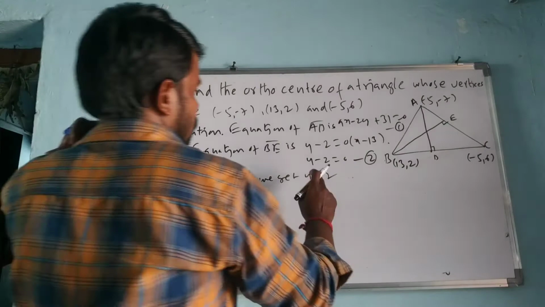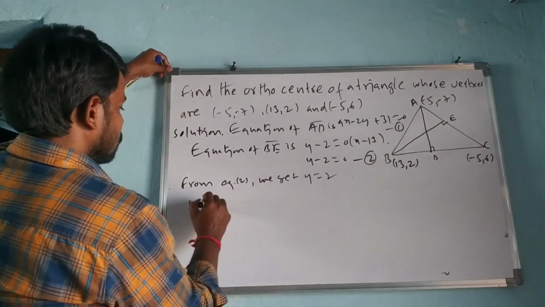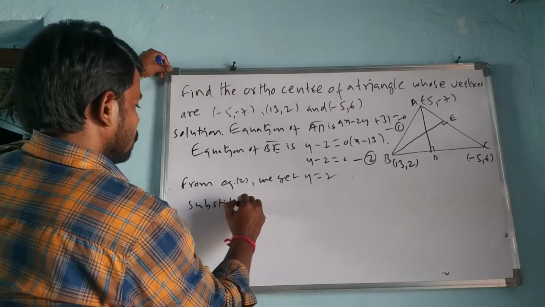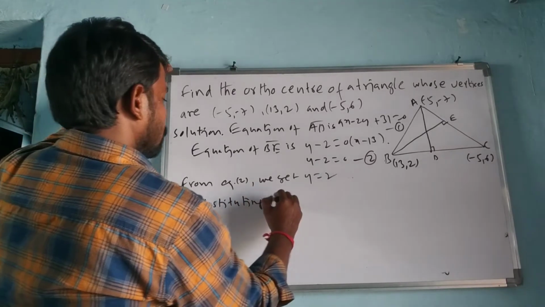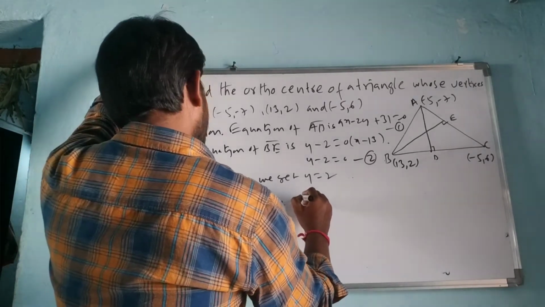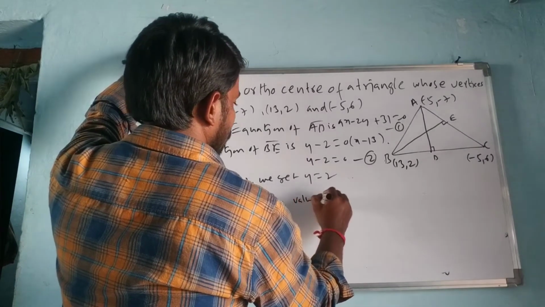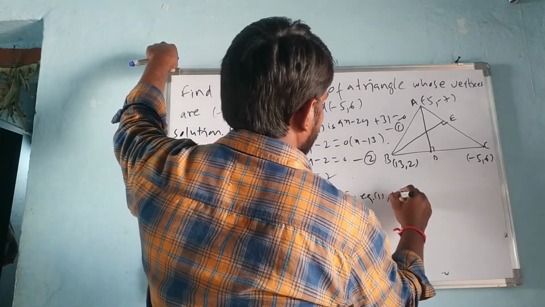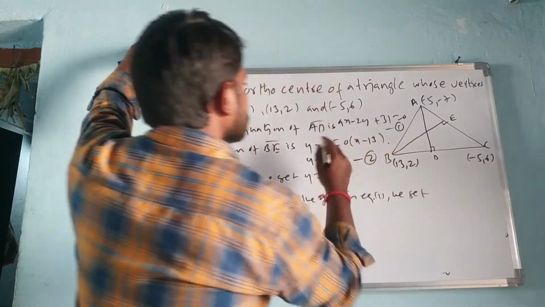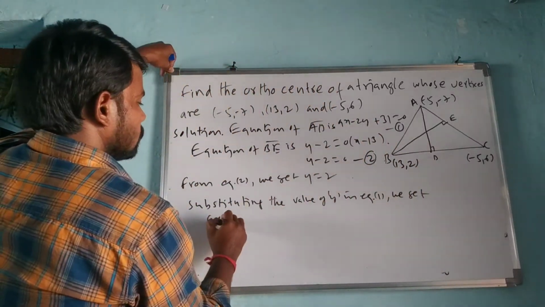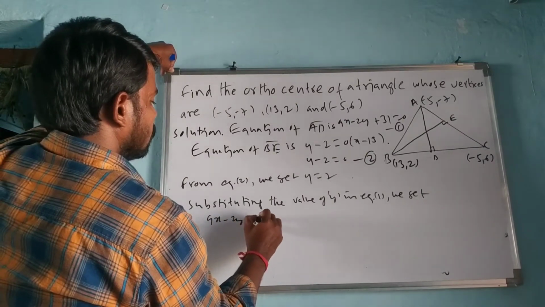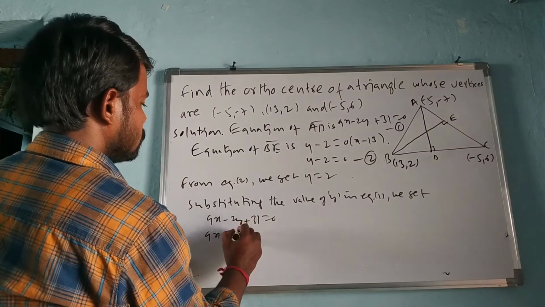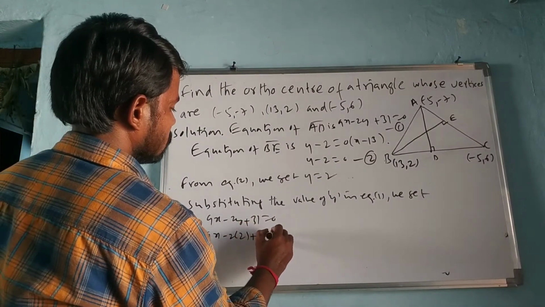Then substituting the value of y in equation 1, 9x minus 2y plus 31 is equal to 0.